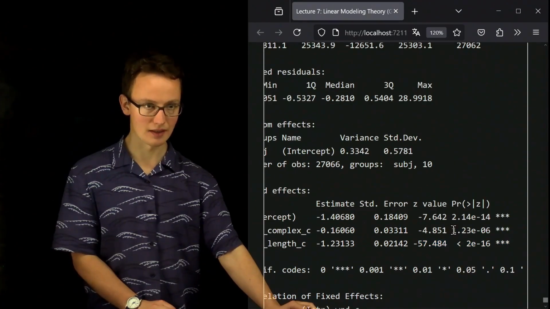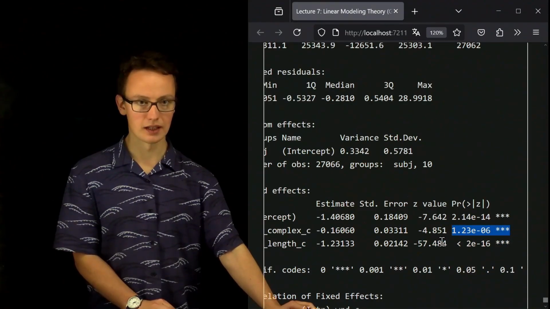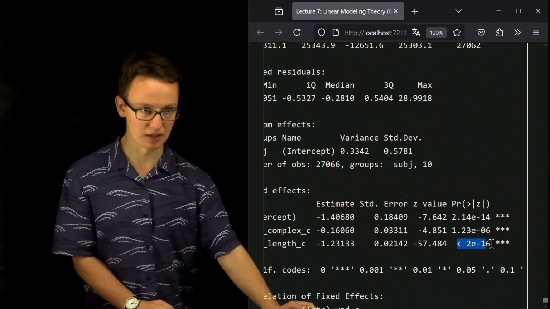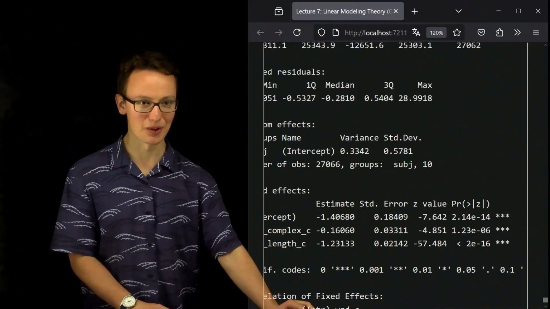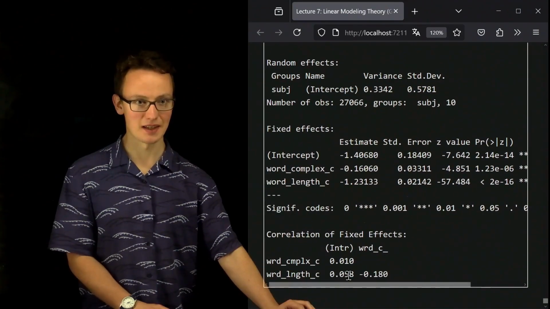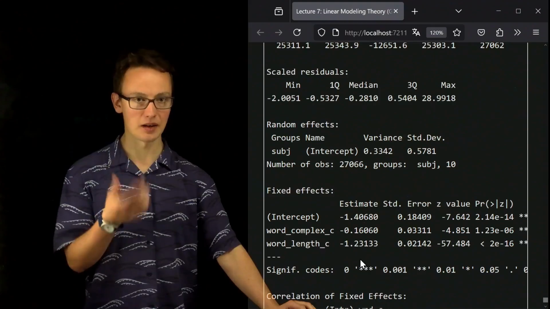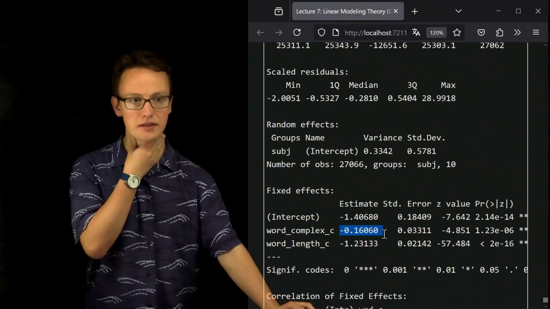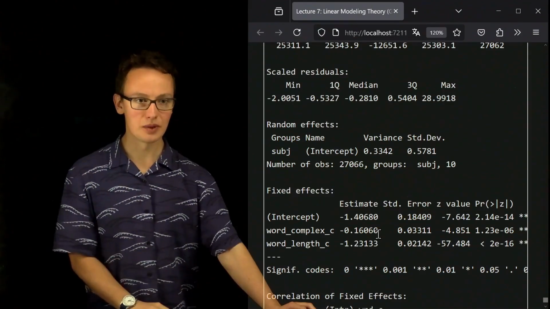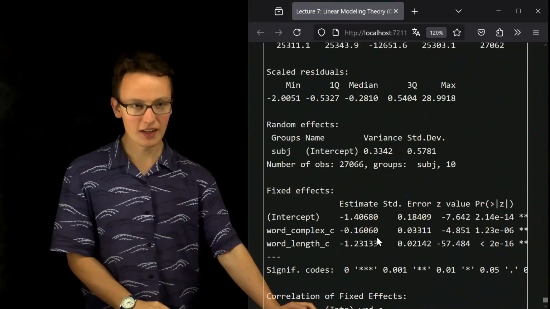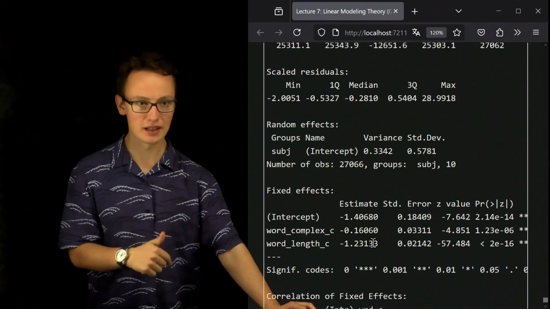We can see that in this automatic significance test output here, these p-values are clearly significant. They are below 0.05, so that tells us that indeed these two factors had an effect. And based on these log odds estimates for the effect sizes, we can also see the directionality of these effects.